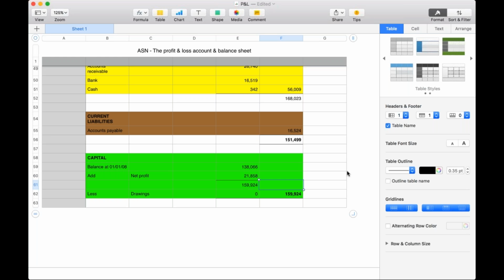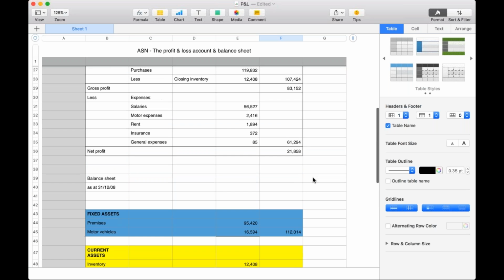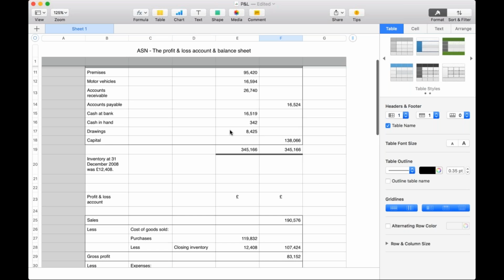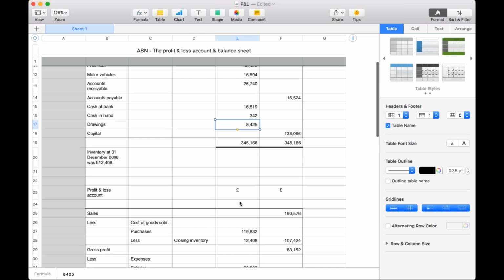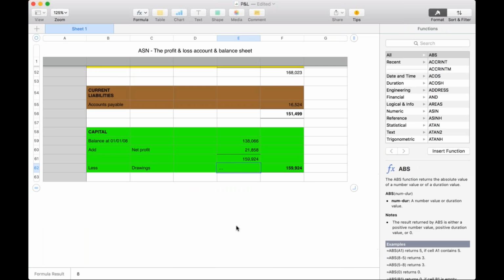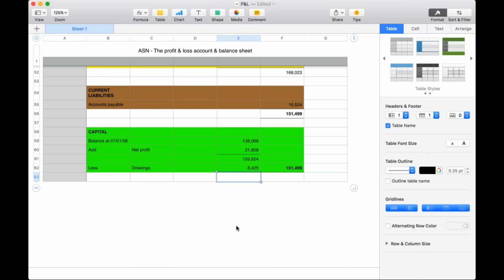So his total money he's got in the business before he's taken any out this year is 159,924. But the business owner has taken some money out for himself in the form of drawings, as we will see from the trial balance, which is 8425. So we're going to enter those drawings into here, equals 8425.